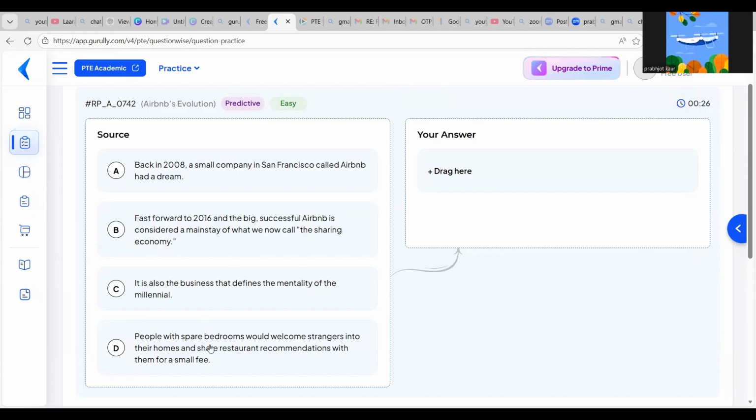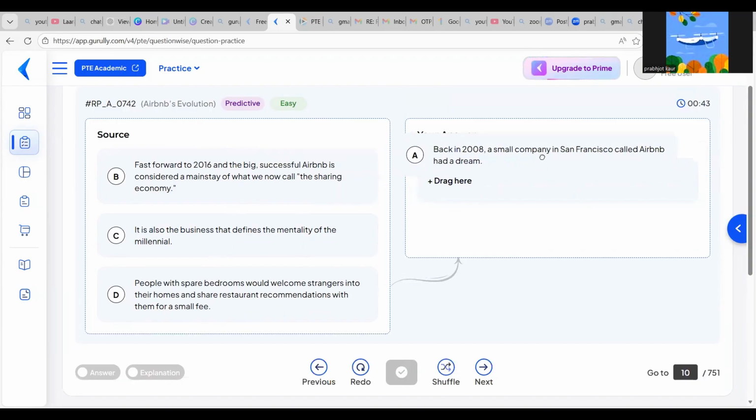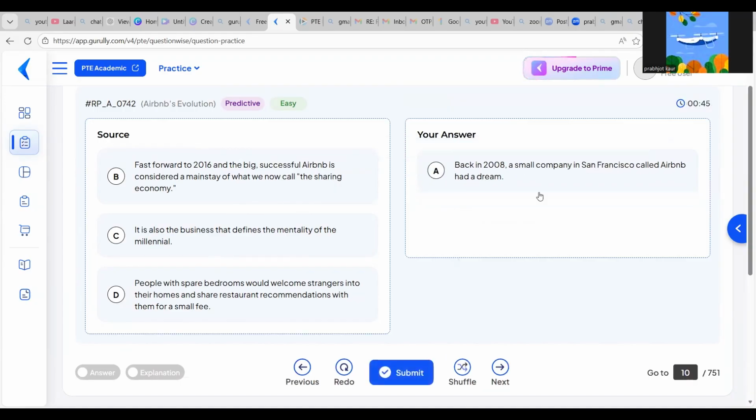People with a spare bedroom would welcome strangers into their home. First should be this one, because here is the mention of the old time period as compared to this one.